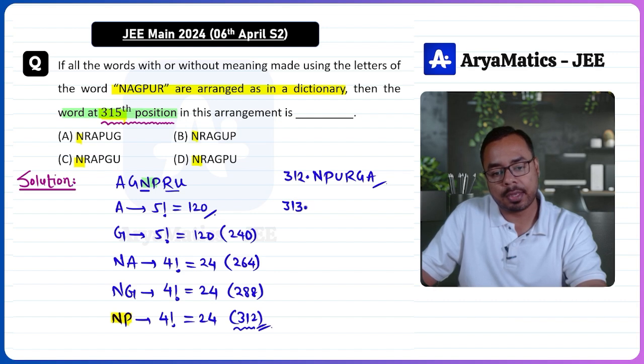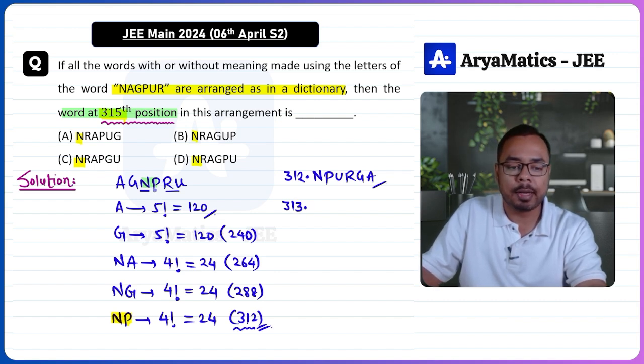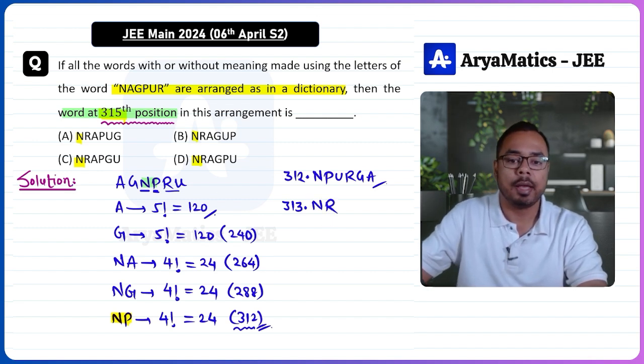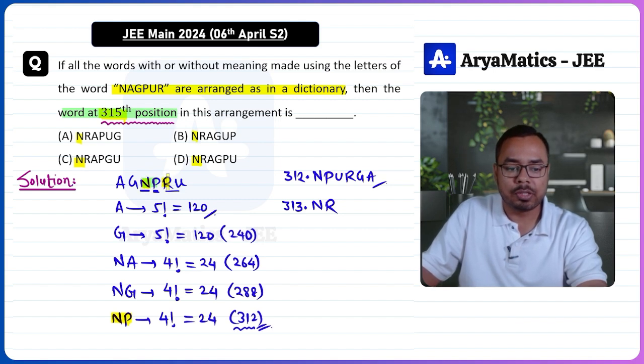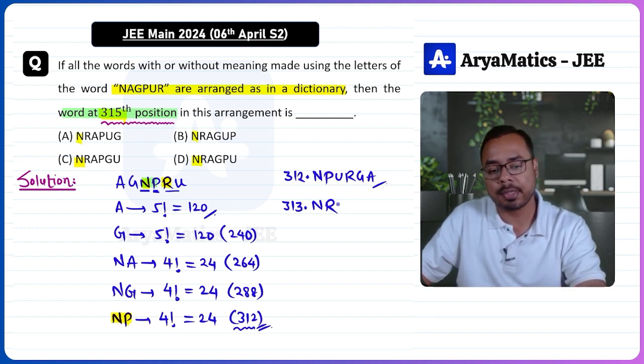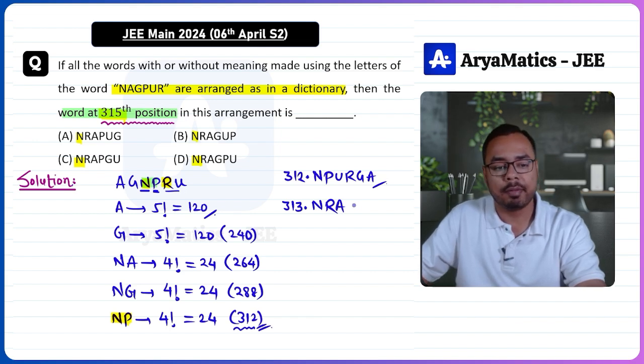Next, on 313th place, after NP, the word formation will begin with NR, right? So first two letters NR, and if I need the first word starting with NR, write NR and then the remaining four letters in alphabetical order. That means NRA, and then we have GPU.